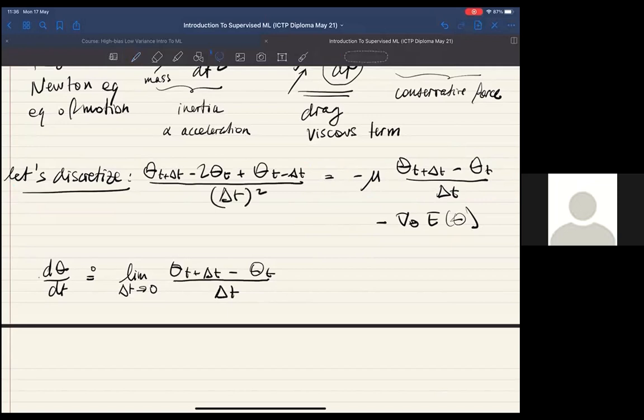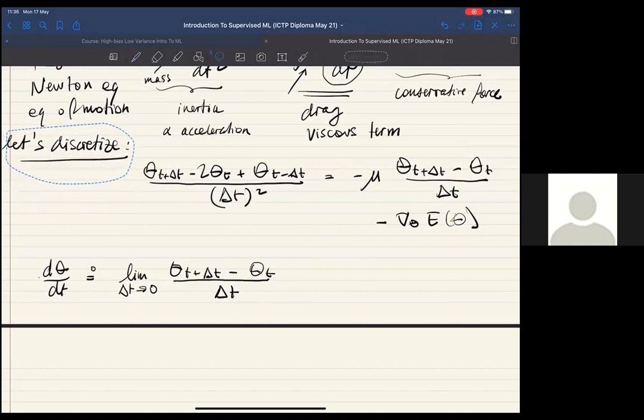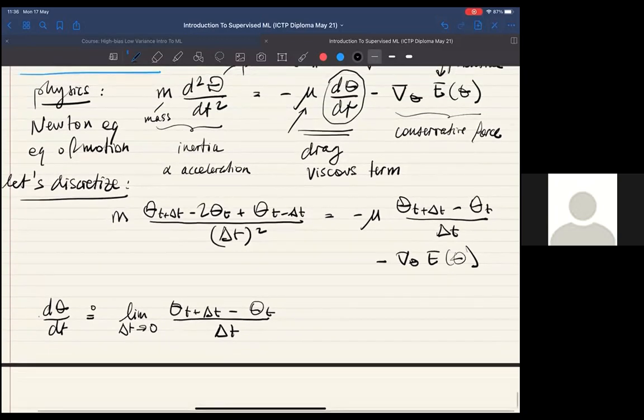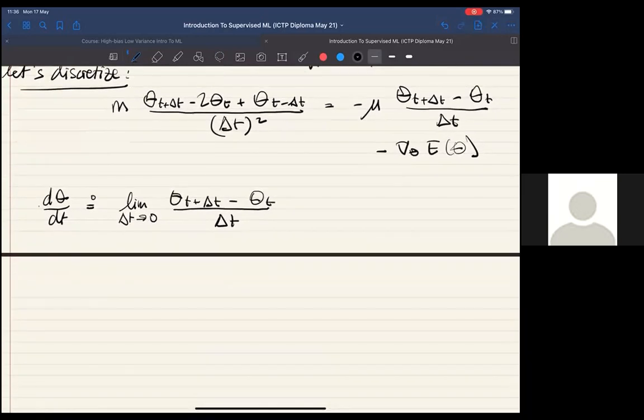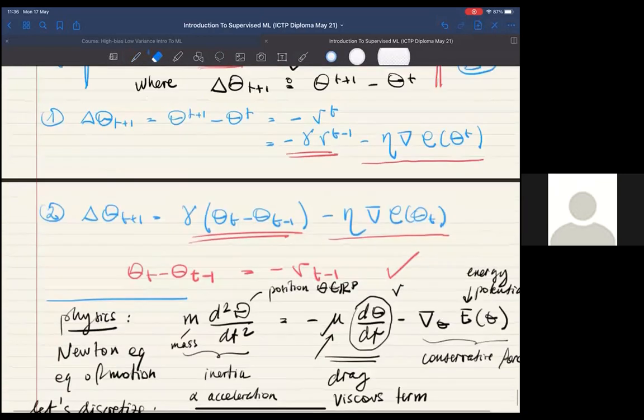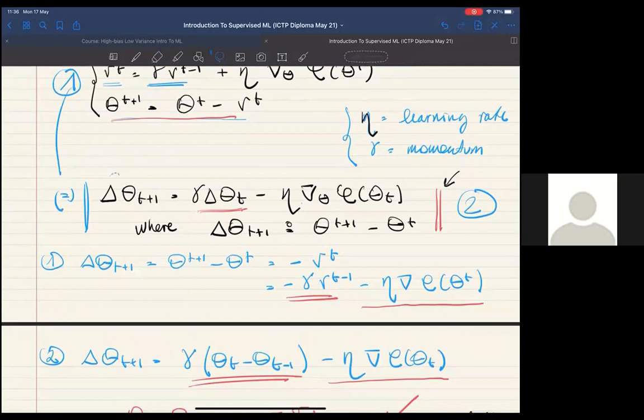And there is the mass that I forgot. Okay, this is the discretized version of our equation of motion, right? So now let's compare that with the equation we had. Let me copy paste it.